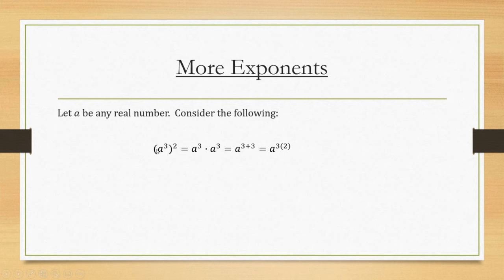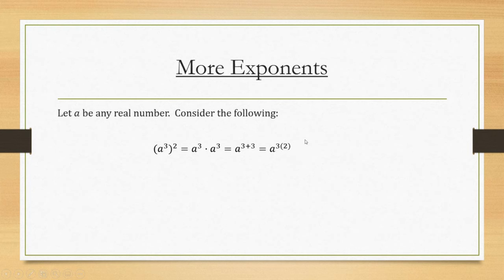We're doing a cubed times a cubed. Now, what is that equal to? Well, that's going to be a to the 3 plus 3, right? You multiply like bases, you add the exponents. So this is equal to a to the 6, which is 3 times 2.